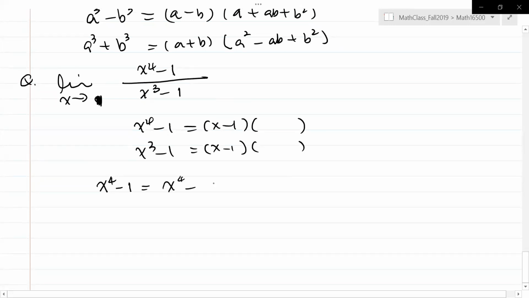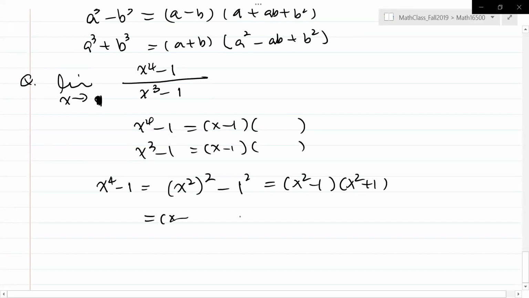Let's do it. x to the fourth minus 1 is (x squared) squared minus 1 squared, and that is going to be (x squared minus 1) times (x squared plus 1). And let's continue. x squared minus 1 is going to be (x minus 1) times (x plus 1), and times (x squared plus 1).